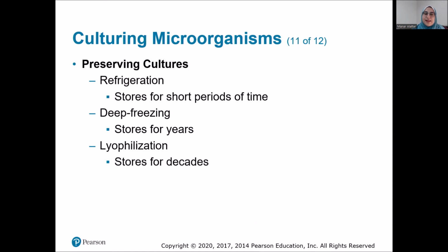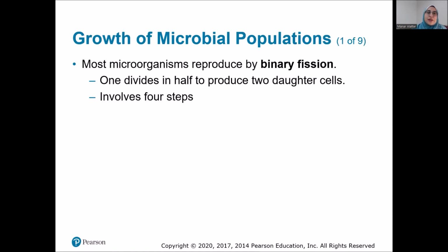Okay. So in the next discussion, what we're going to talk about is as you're culturing these microorganisms, they're growing and reproducing, and that's what you want because you want to be able to see those colonies via them growing through oftentimes binary fission, and you want to be able to see and maintain those colonies.